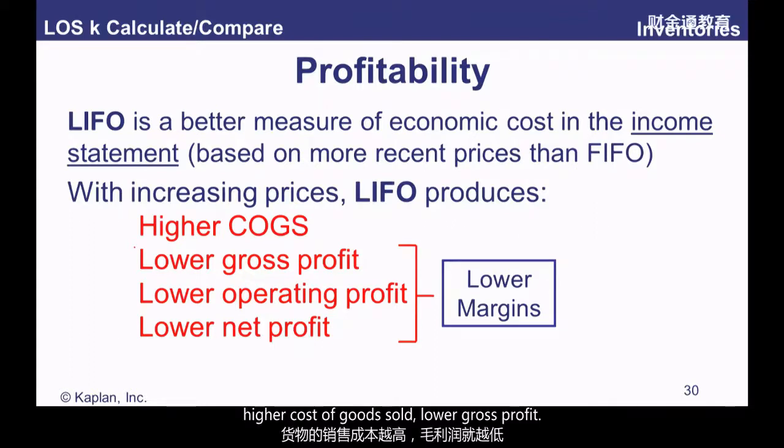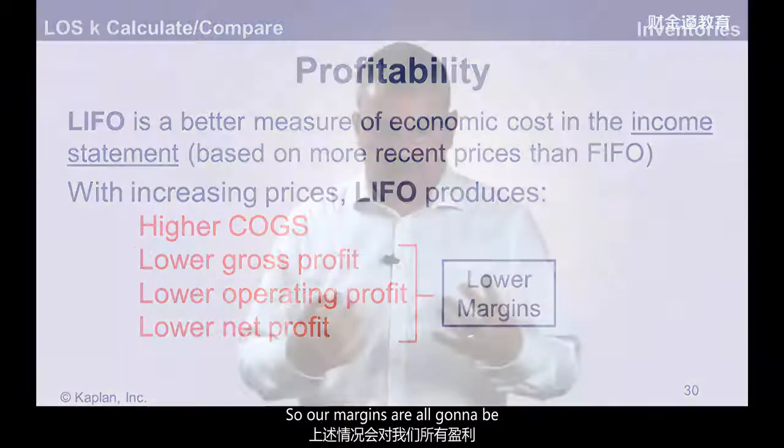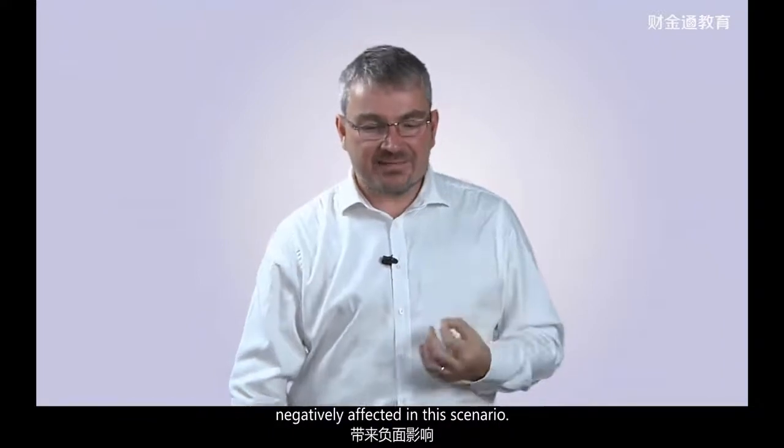Higher cost of goods sold, lower gross profit. Remember your gross profit, sales minus cost of goods sold. Higher cost of goods sold, lower gross profit. Lower operating profit. Operating profit margins, EBIT, often we use as a proxy for operating profit. And lower net profit. Okay, so our margins are all going to be negatively affected in this scenario.